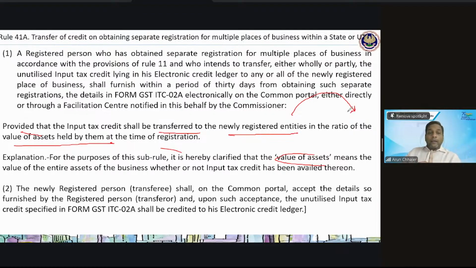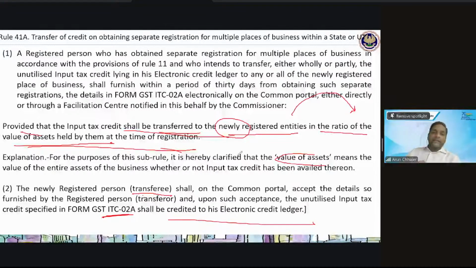No. ITC shall be transferred to the new entities within the same state in the ratios of value of the asset which you have transferred. The newly registered entity shall accept the details in the ITC 02A, and on acceptance, the amount will be credited to the electronic credit ledger.